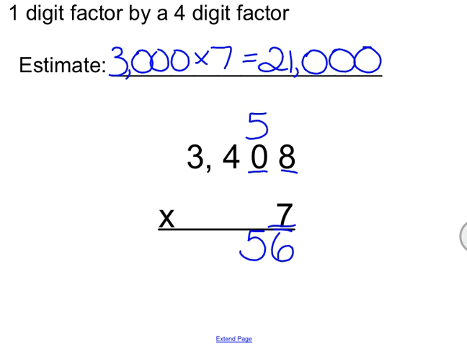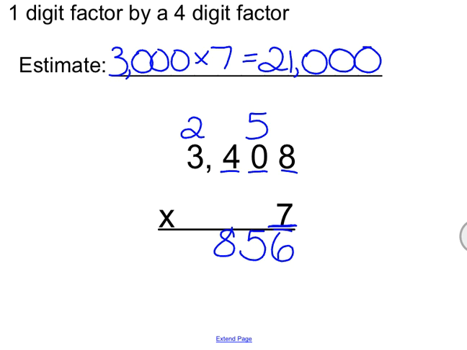Didn't need to regroup. So now I move on, and I'm going to do 7 times 4. 7 times 4 is 28. So I will write the 8 and regroup the 2 into the next place, which is the thousands place.